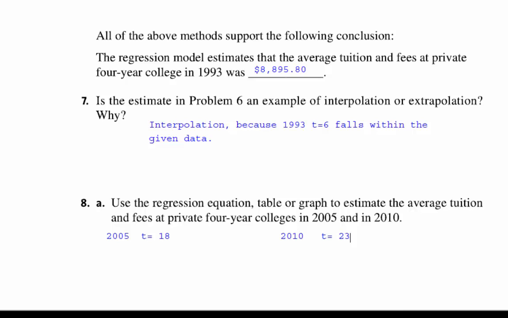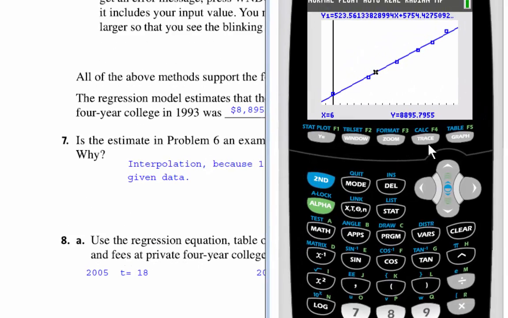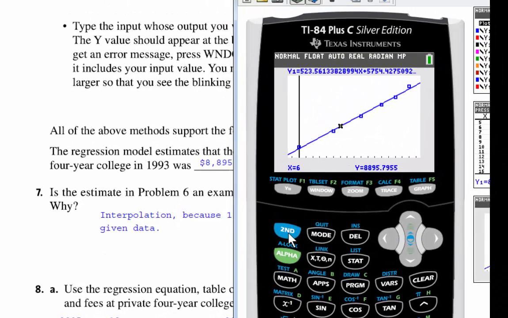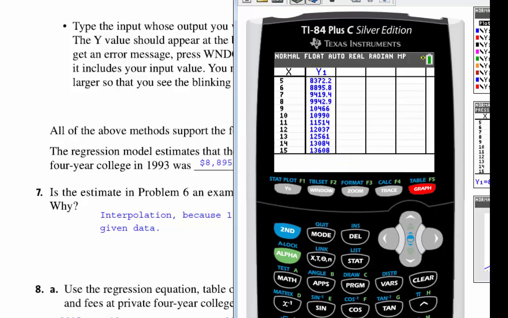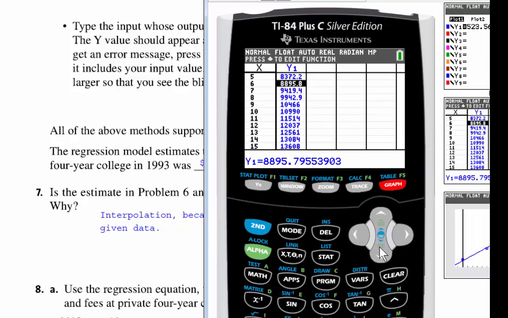So I'm going to take my calculator and I'm going to use the table method. So if I press second and graph and I scroll down to t equals 18, that will tell me the cost of tuition. There we go, 18 years after 1987. Looks like I hit the button too many times. All right, so here's 18.